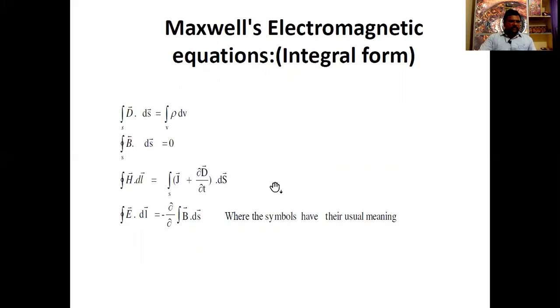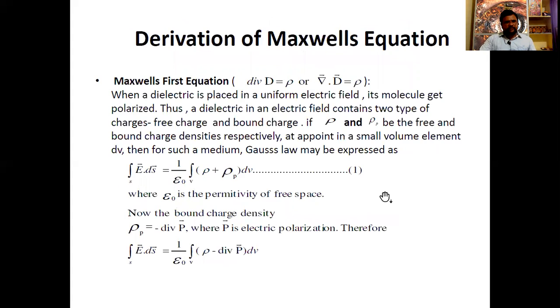Third, the line integral over a closed path of h bar dot dl bar is equal to the surface integral of j bar plus dou d by dou t dot ds bar. And the fourth equation, the line integral of e bar dot dl bar is equal to minus dou by dou t of the surface integral of b bar dot ds bar, where the symbols have their usual meaning as we have discussed earlier.